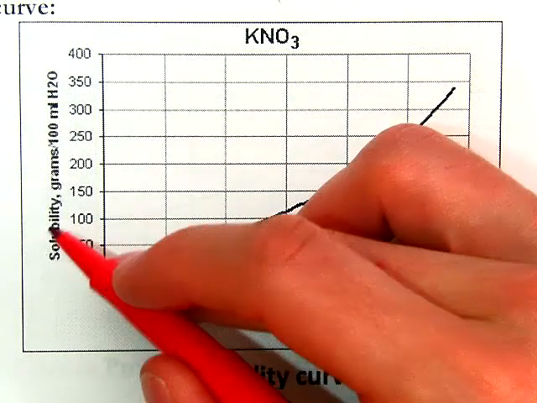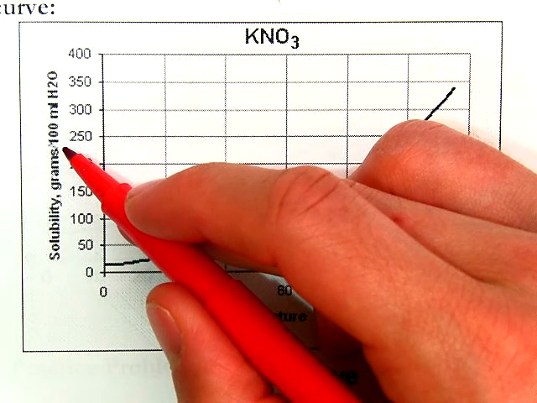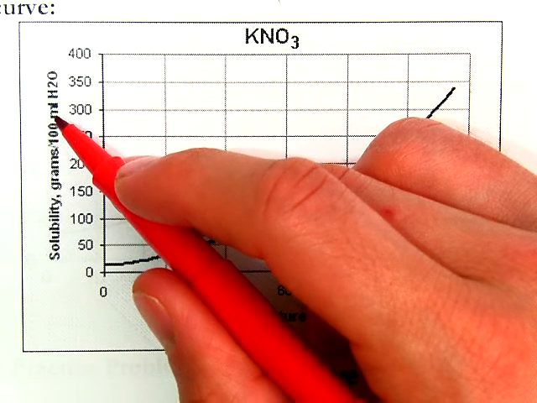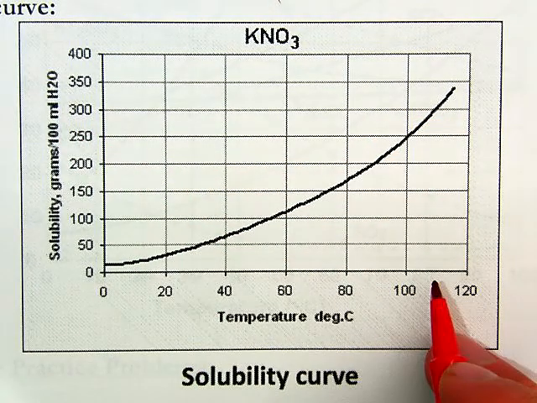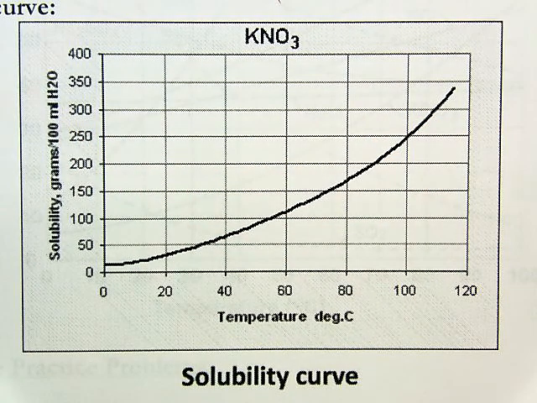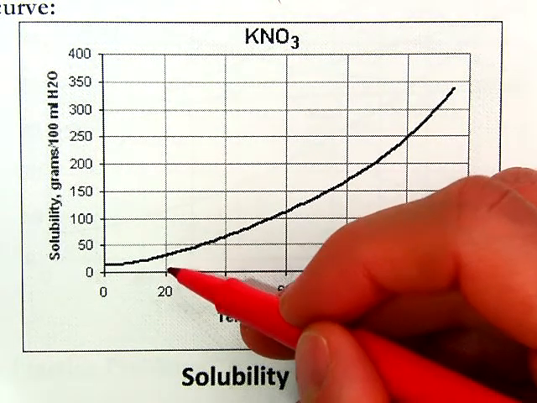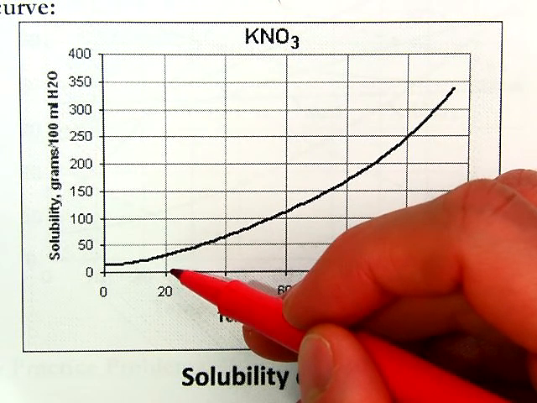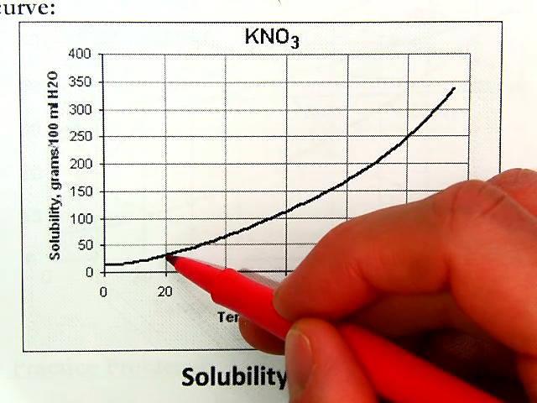So this is how many grams of KNO3 you can dissolve in 100 grams of water at these different temperatures. Let's say the beaker was sitting at room temperature, which is probably a little bit above 20 degrees Celsius. Let's just say it's 20 degrees Celsius in the room.